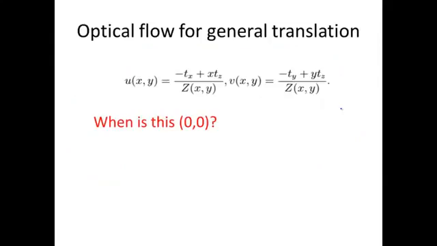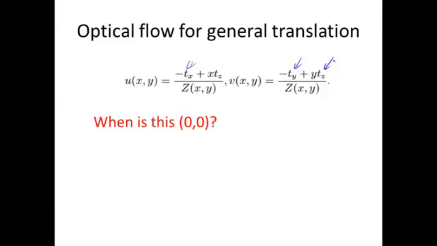Let me now turn to the case of general translation. I did now the baby case corresponding to translation along the optical axis. What happens when we consider a general translation? So we have a t sub x, a t sub y, and a t sub z. To work this out, let's start with figuring out when is the optical flow 0, 0.